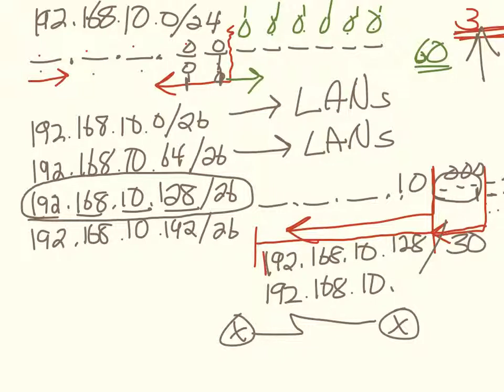That gives us 128 plus what? 1, 2, 4. 132 is our next network, /30. So it'll go up by 4 each time. And you could then create these networks and then assign one of them to the interface. All right, that's it for today on this one.